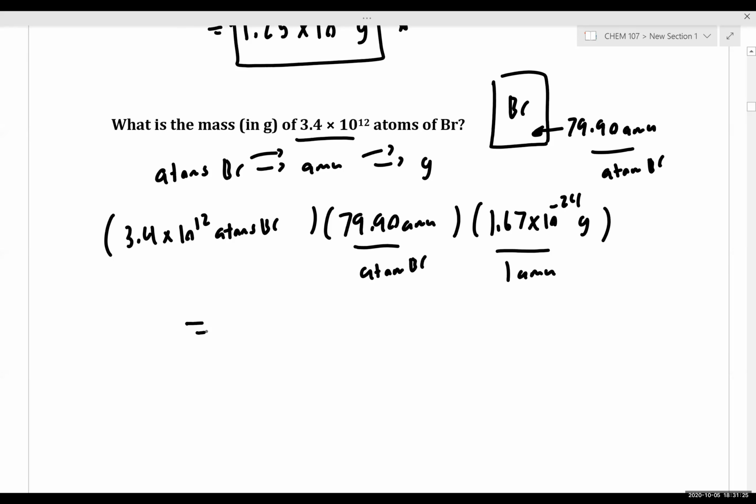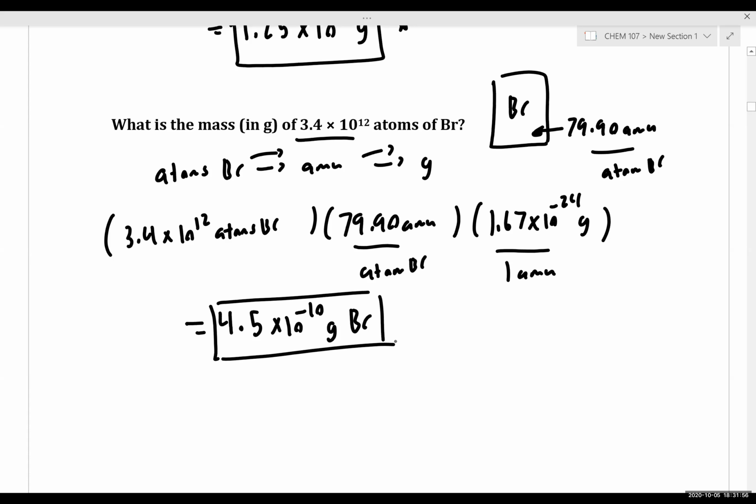So punching this into our calculator, we get as our total for our final mass 4.5 times 10 to the negative 10th grams of bromine.